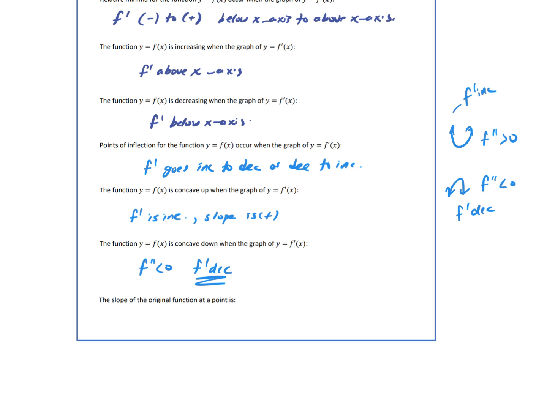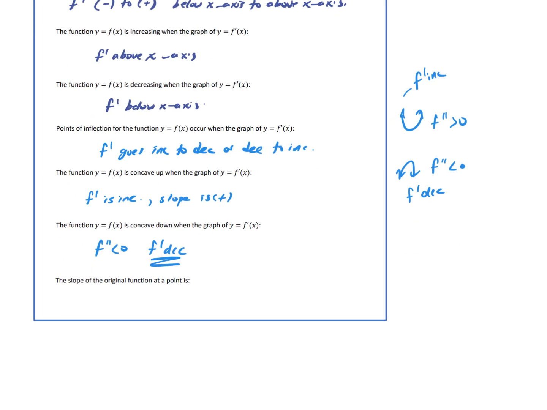But again, we don't have a graph here, but if I had an f prime graph and it went like that, and I wanted the slope at x equals 1, it is the point on the graph, so it would be 2.